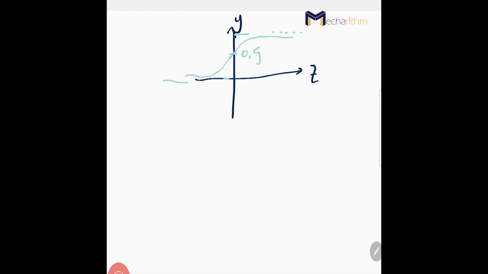So basically this is very close to the Heaviside function that we've shown earlier, and it is a continuous function, so it sounds fine. Besides, it assumes a value that is very close to 1 once z is sufficiently greater than 0, and assumes a value of 0 if z happens to be much less than 0.